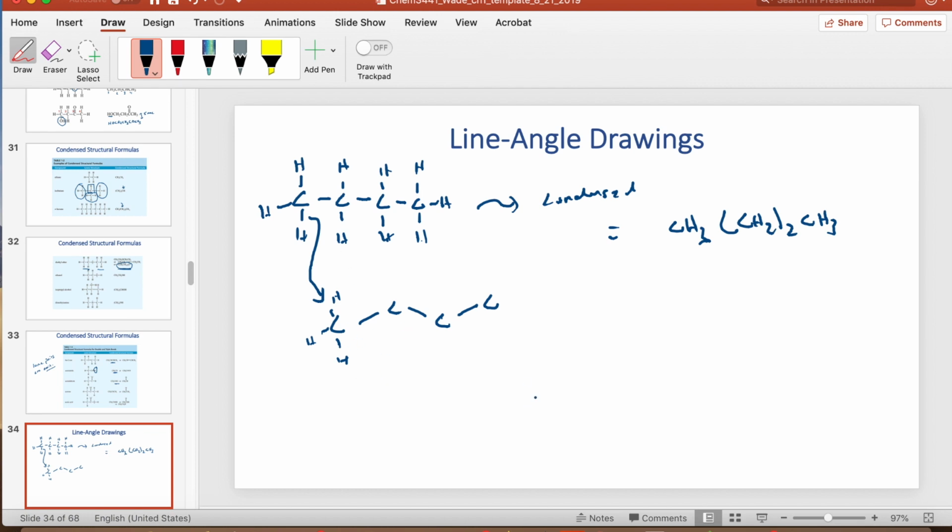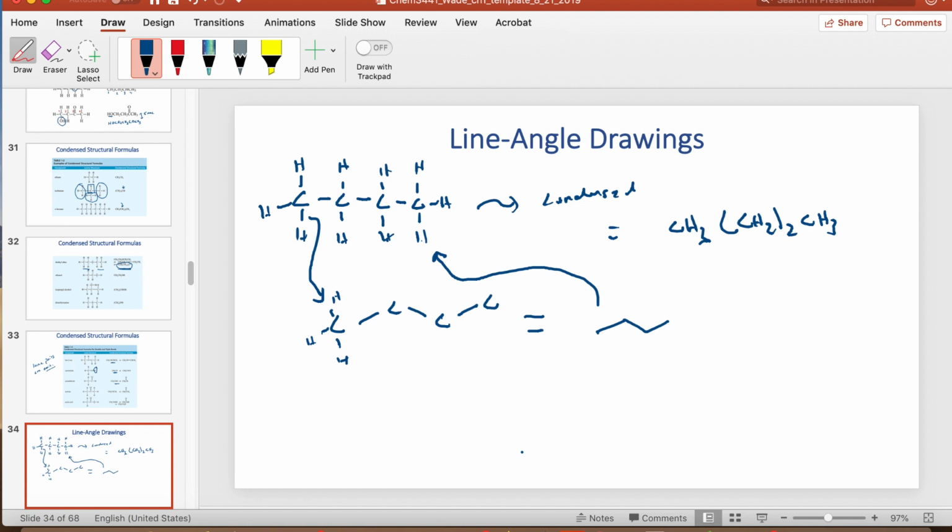And so the even lazier way, the line angle drawing, is to actually draw this, and this is equivalent to this. Here you can see that at every point you have a carbon, and it's implied that all the hydrogens are there.